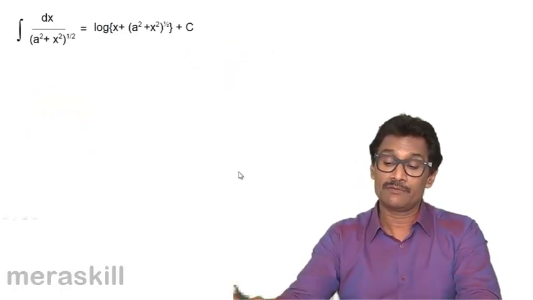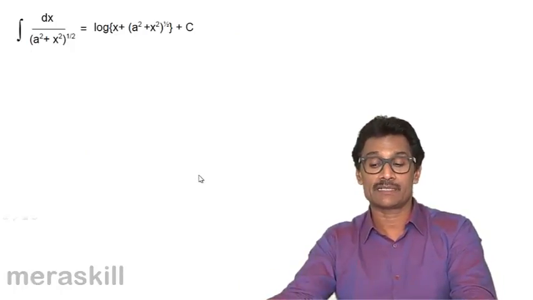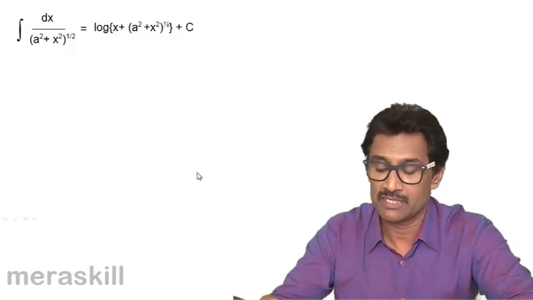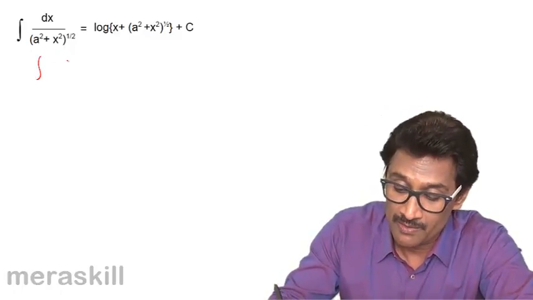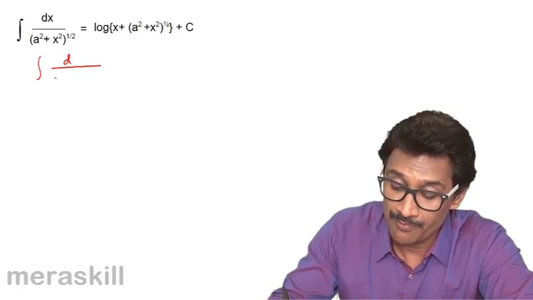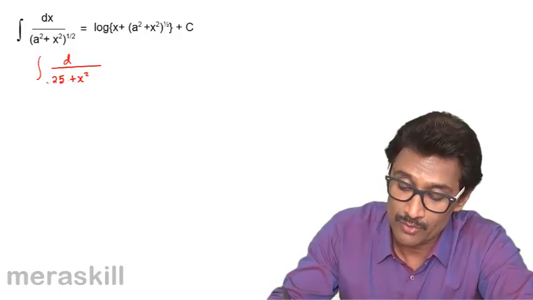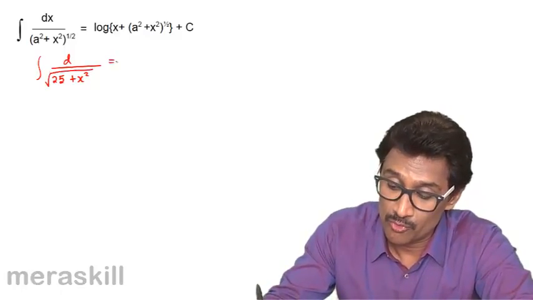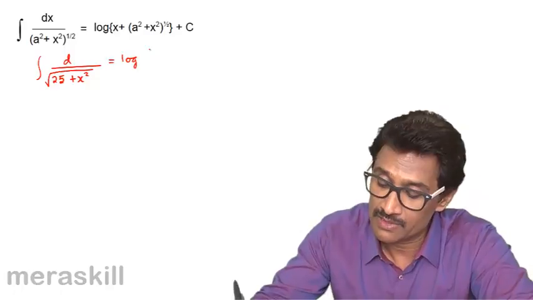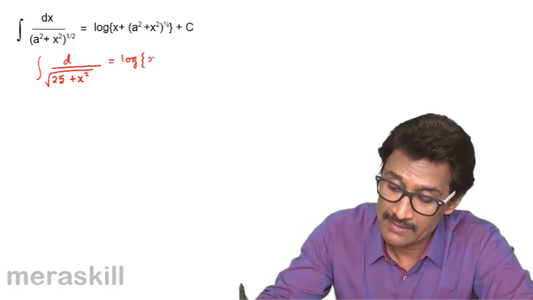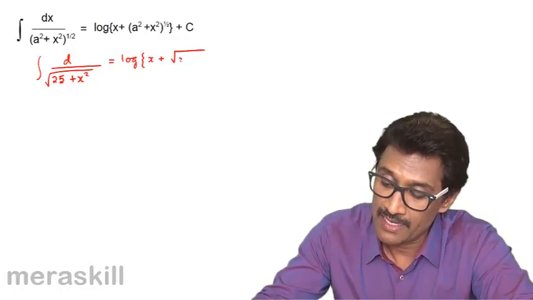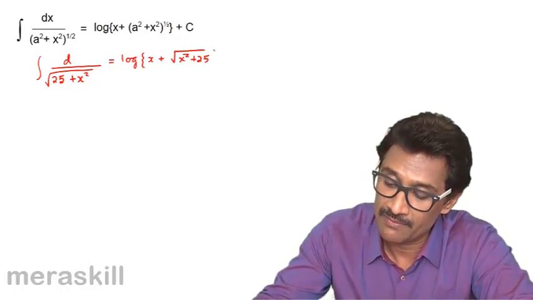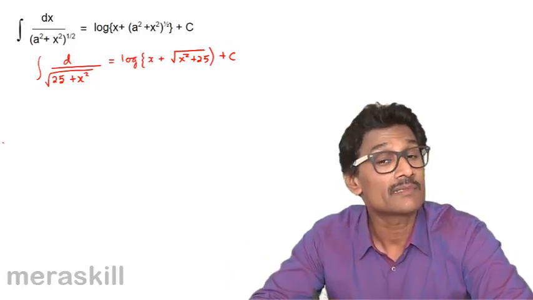Okay, now we have one formula, dx upon (a square plus x square) raised to half. We have done so many examples. So we have, say for example, dx upon root of 25 plus x square. So it's going to be log of (x plus root of a square plus x square), that is x plus root of x square plus 25, plus c.